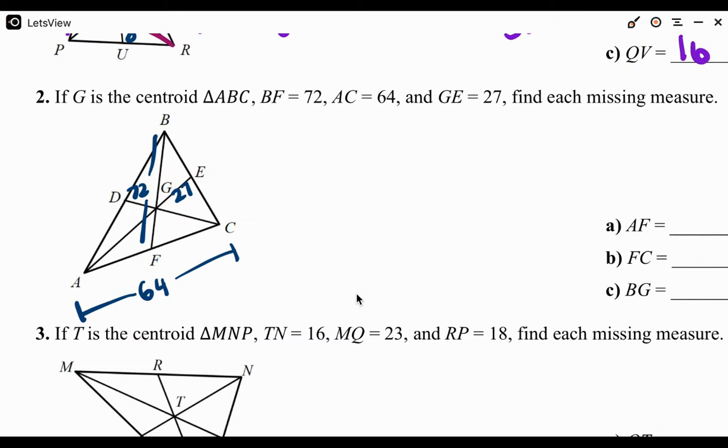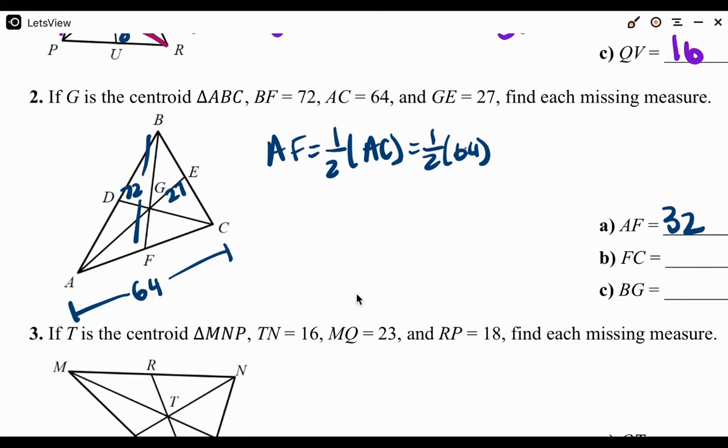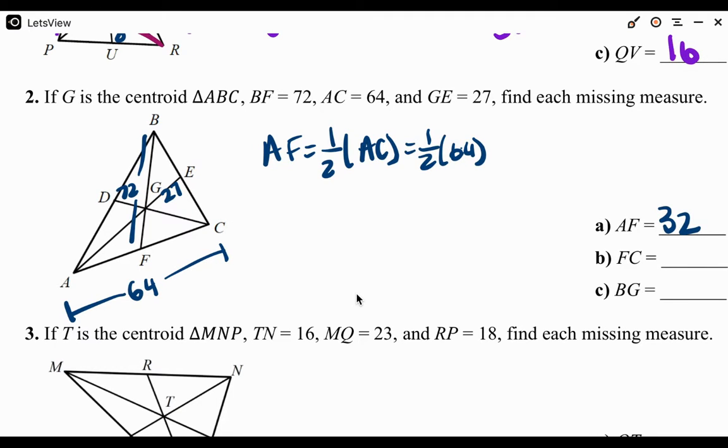So first we're trying to find AF. So AF is going to be equal to half of AC. So half of 64 gives us 32. So this is 32. We know that same thing applies for FC, so this is also 32.